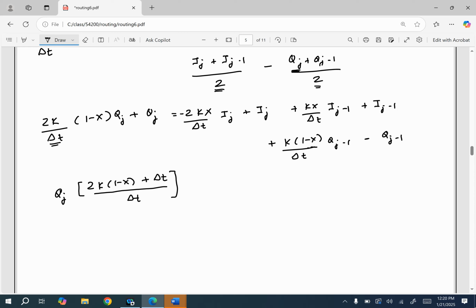Okay, so similarly for Ij, I can multiply Ij with this delta t, so that will be (delta t minus 2kx) over delta t, and for Ij minus 1 we have (delta t plus 2kx) over delta t.